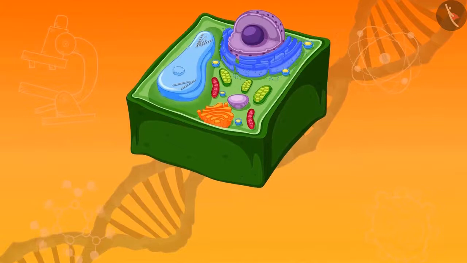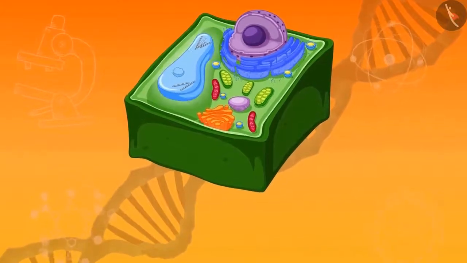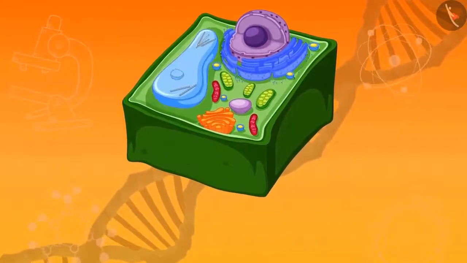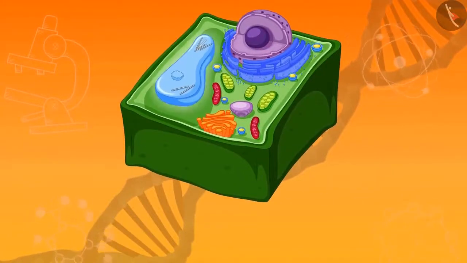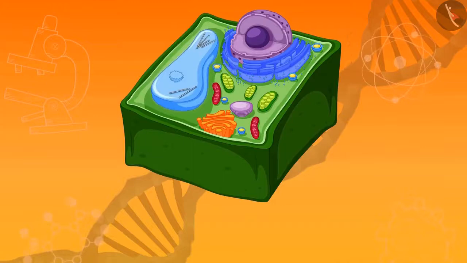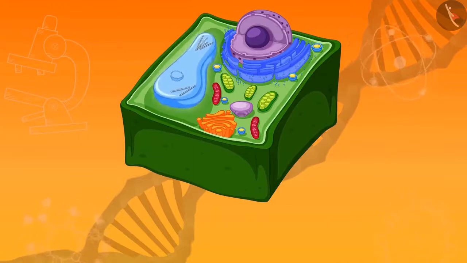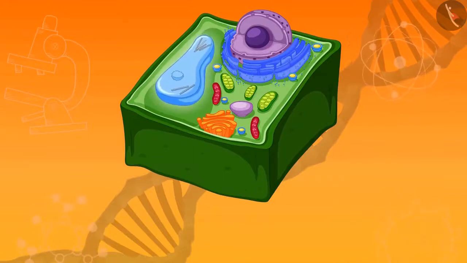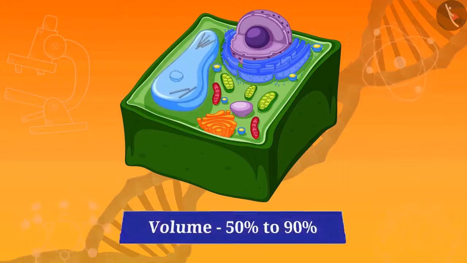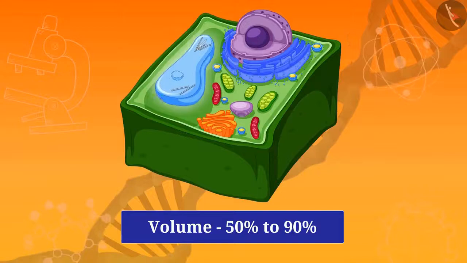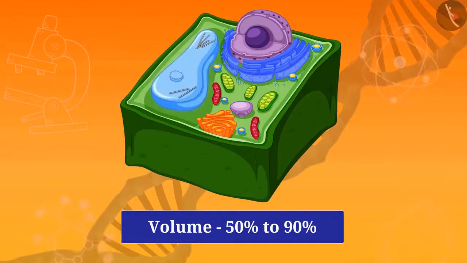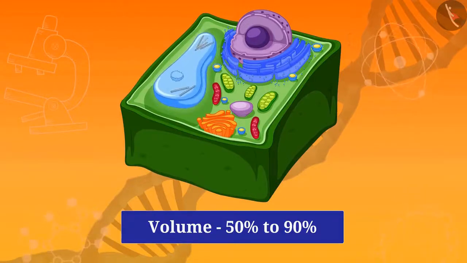Do you know, guys? Their size is small in the animal cell, whereas in the plant cell, vacuoles are very large. Friends, you will be surprised to know that in some plant cells, they measure from 50% to 90% of the volume of the cell, because of which the nucleus is near the plasma membrane.